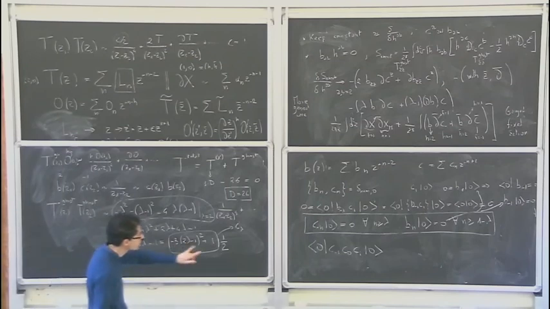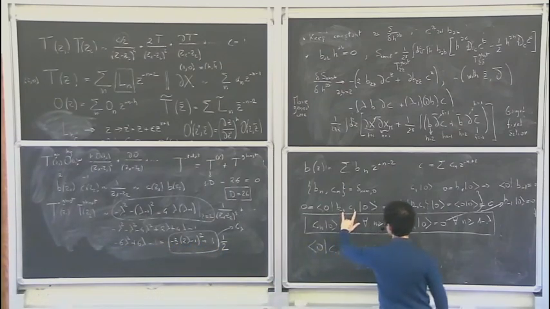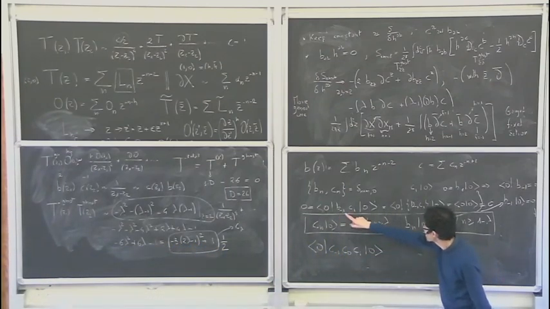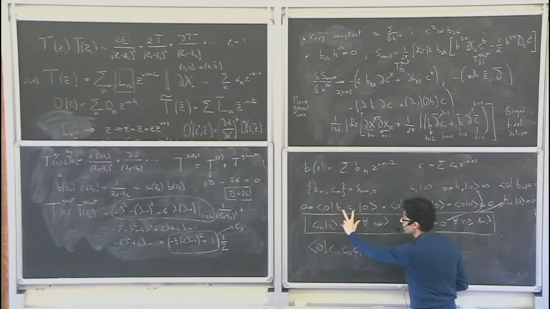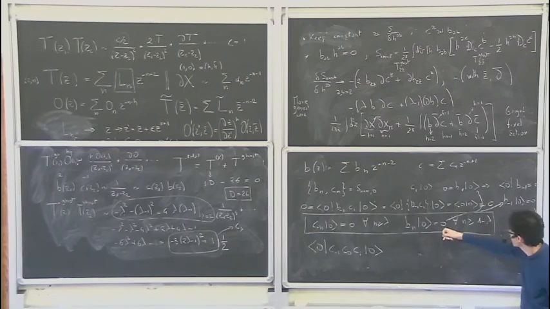You see, basically what I'm saying is that you can repeat the same argument I'm giving here for b minus 1 c1, for b0 c0, and for b1 c minus 1. They're all annihilated by b, according to this rule.